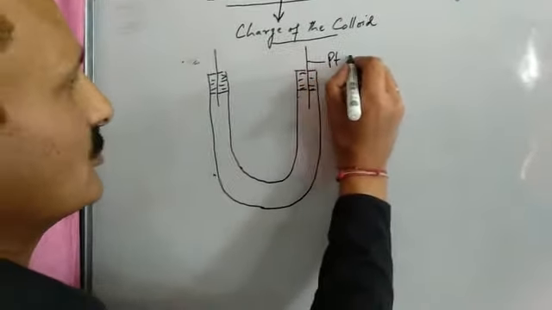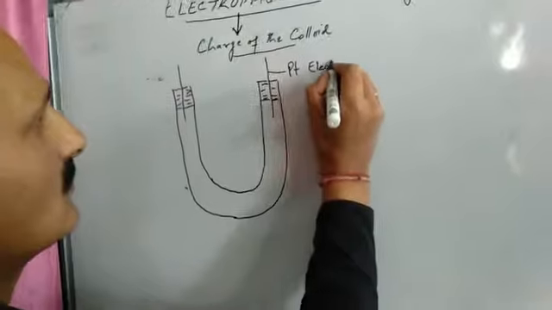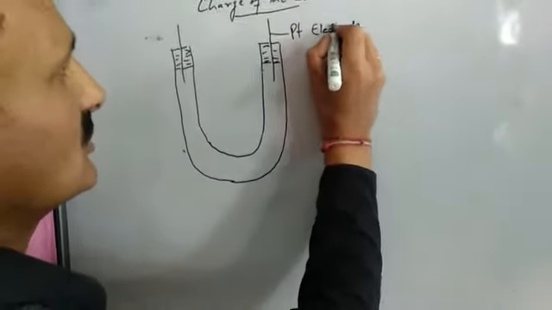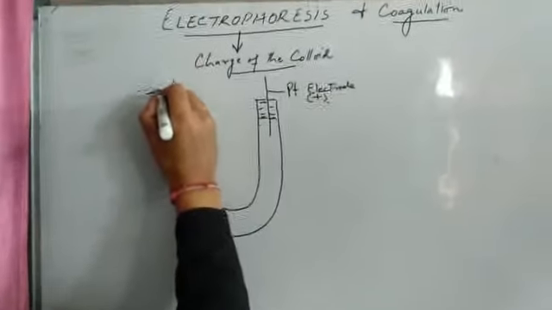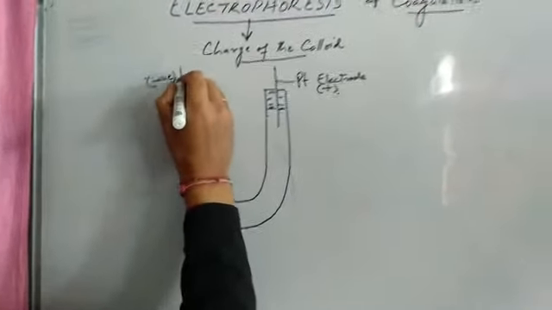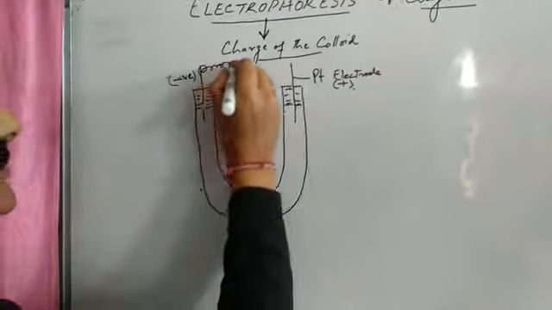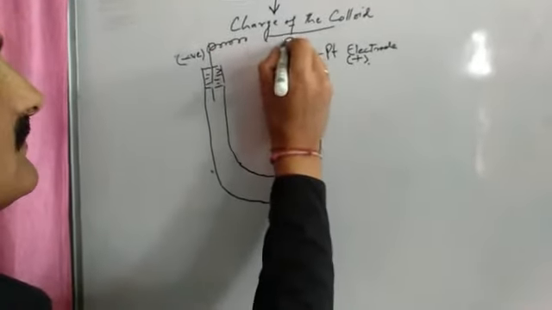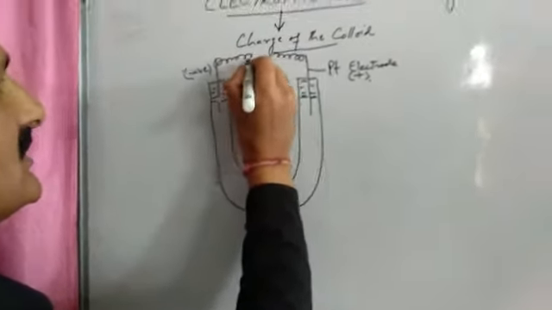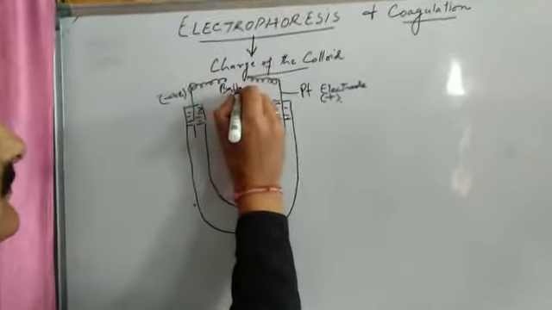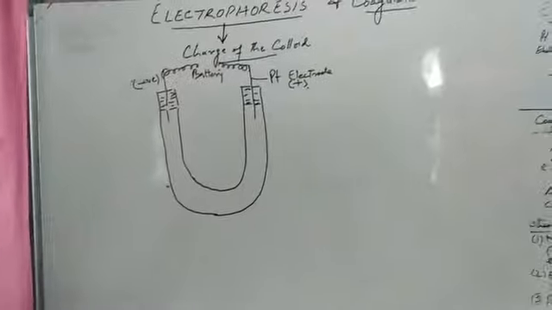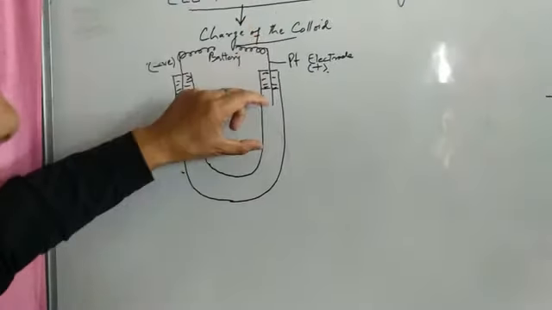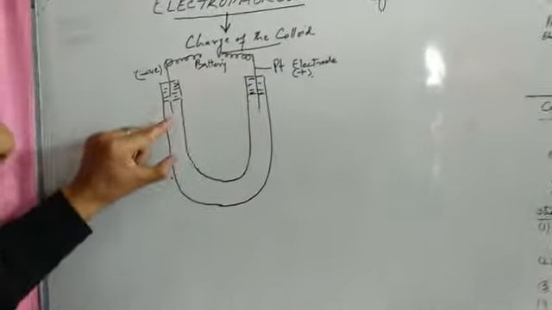Suppose this is the positively charged electrode and this is the negatively charged electrode. They are further connected to a battery. This is the battery here. Now, we put the colloid in this U-shaped tube.